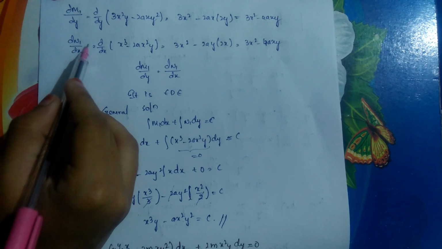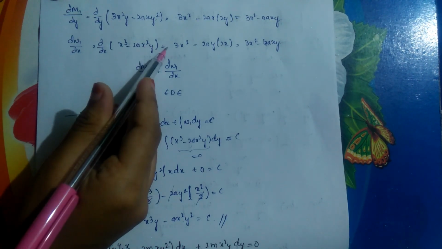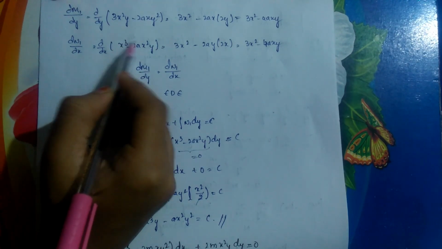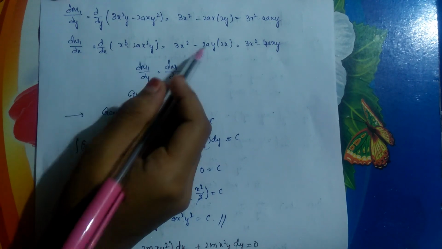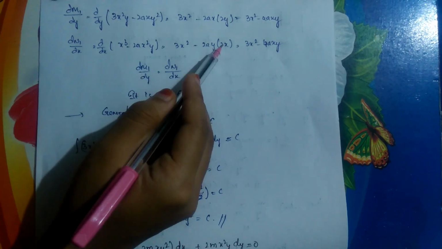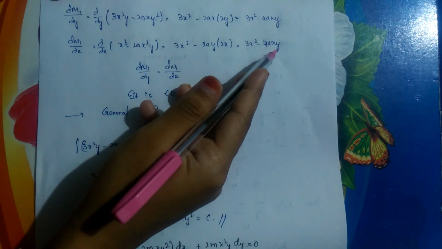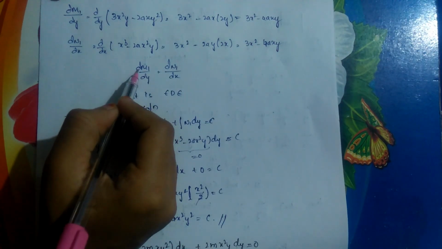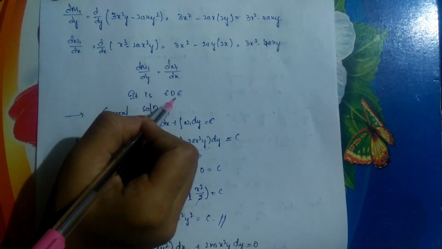And ∂N1/∂x = ∂/∂x of (x³ - 2ax²y), and that equals 3x² minus, here 2ay is constant and the differentiation of x² is 2x, that equals 3x² - 4axy. So here ∂M1/∂y = ∂N1/∂x. Now it is an exact differential equation.